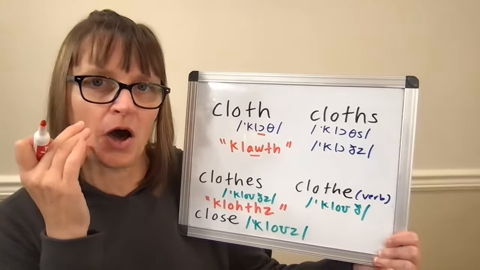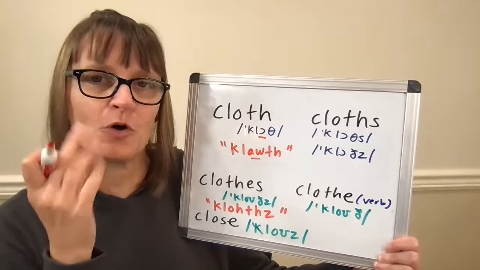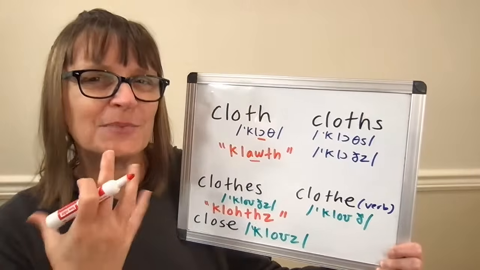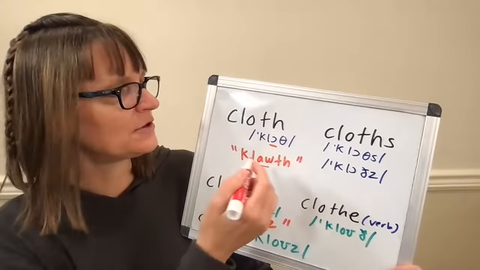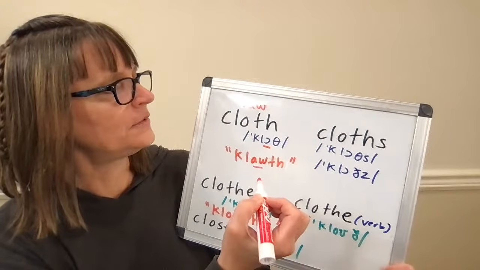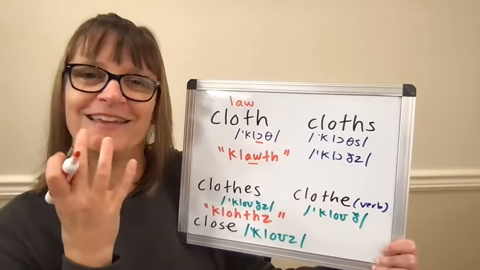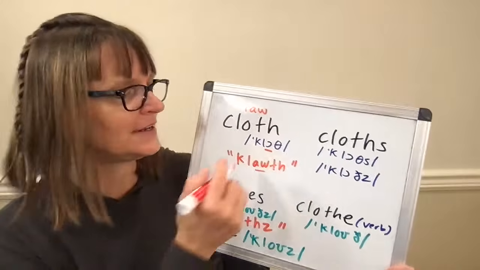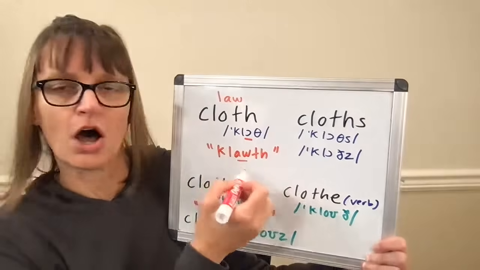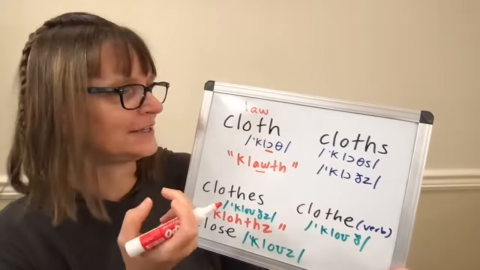And when I say ah, like in law, my jaw is more open. My lips are still rounded, but not as tensely rounded. And so thinking about a word like law or cause, or something else with an ah that you feel comfortable with, that's why I rewrote cloth with this AW spelling. So you can think of that ah vowel in it.